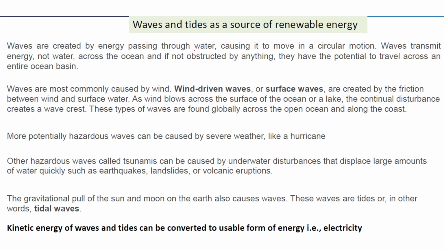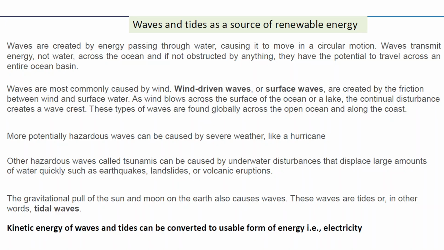Waves are created by energy passing through water, causing it to move in a circular motion. Waves transmit energy, so the energy is present in waves, not in the water of the ocean. If not obstructed by anything, they have the potential to travel across an entire ocean basin.